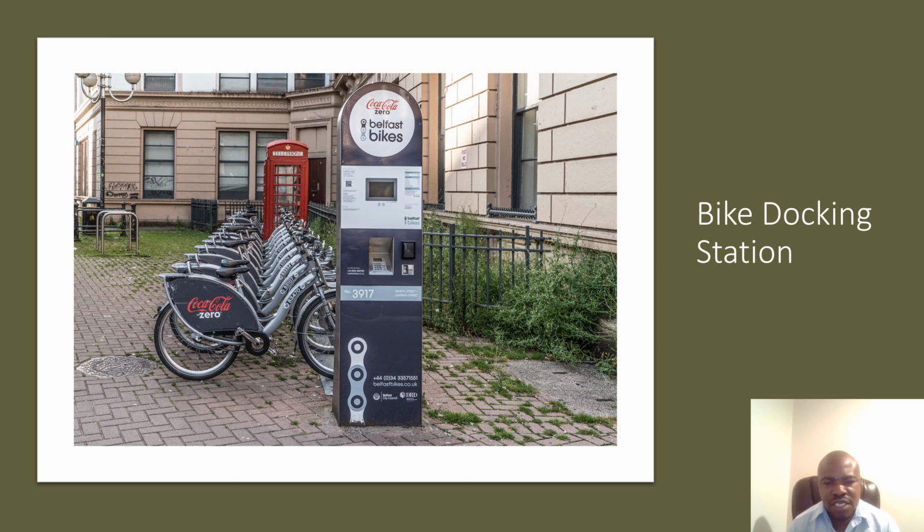And then it will have a credit card reader or debit card reader where they can make their payments. And then there is a locking system to lock the bikes which are being rented. This computer will be joined over to the LAN at the headquarters via the internet.